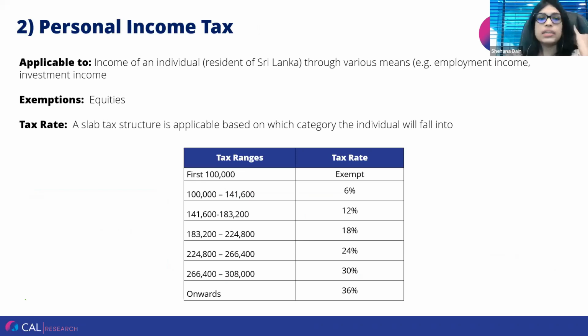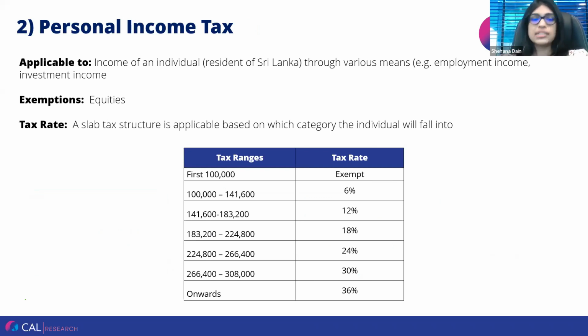Number two is personal income tax. This is applicable for any Sri Lankan individual who is residing in Sri Lanka and who earns income through various means, that is employment or interest or investment income. Again, equities are exempted, and there's a slab-related tax structure which is applicable based on which category the individual falls into.